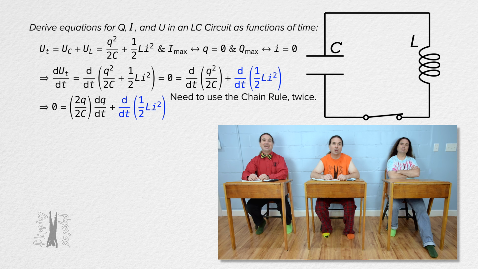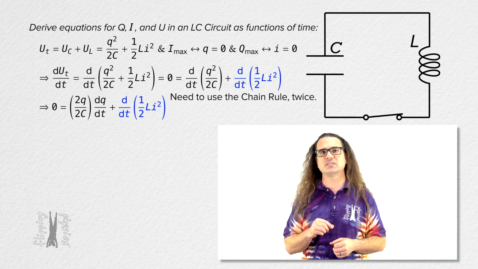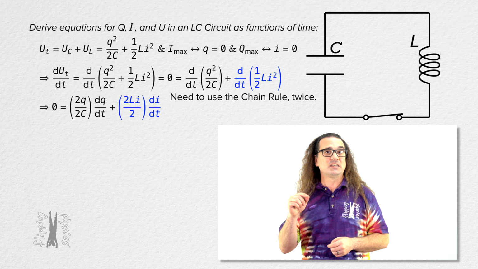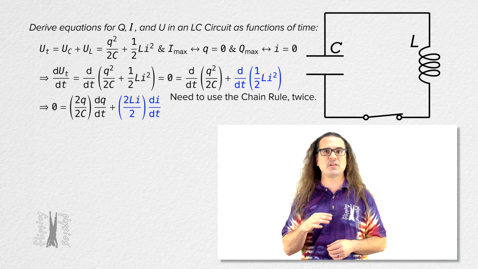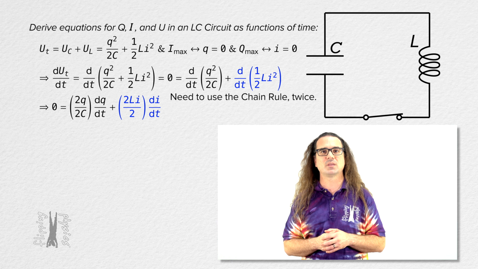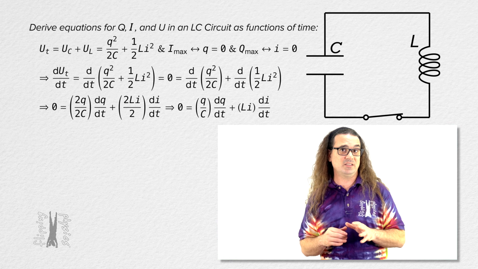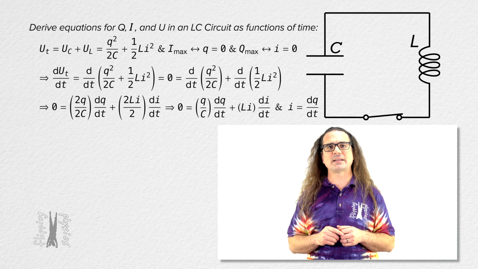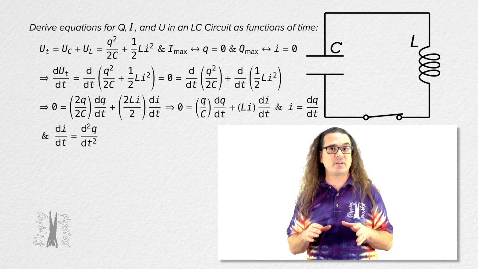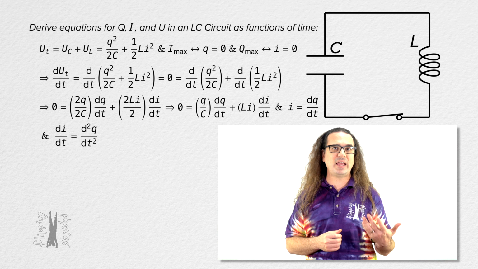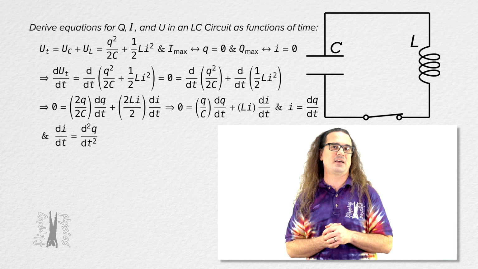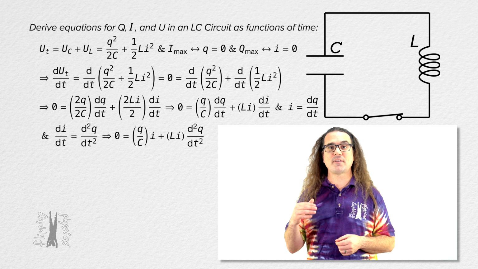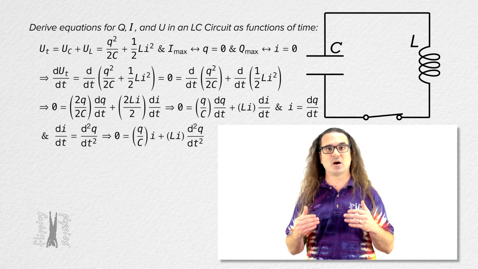And the derivative with respect to time of 1/2 inductance times current squared equals 2 times inductance times current divided by 2, all times the derivative of current with respect to time. All the 2's cancel out, and we know current equals the derivative of charge with respect to time. And the derivative of current with respect to time equals the second derivative of charge with respect to time. Therefore, we can substitute current and the second derivative of charge with respect to time into our equation.